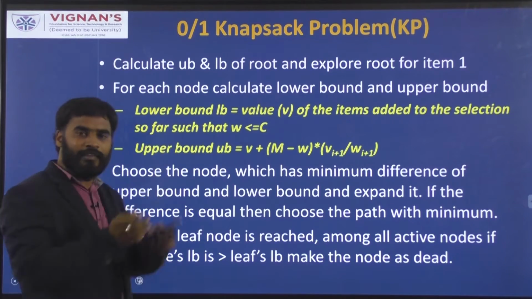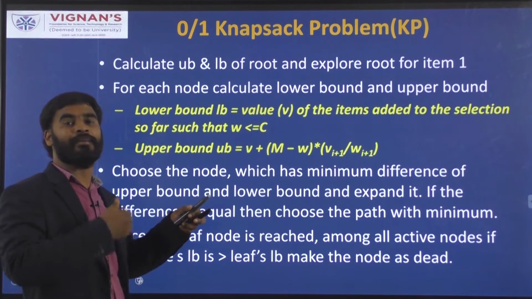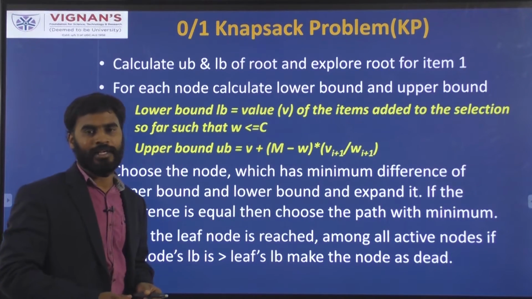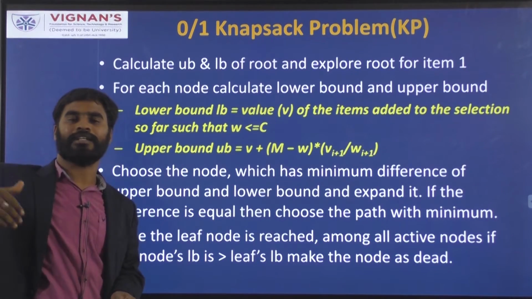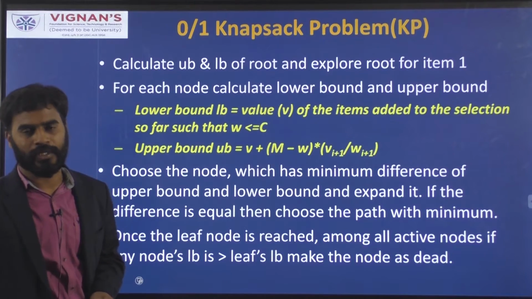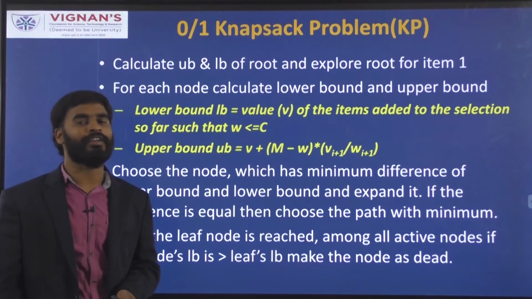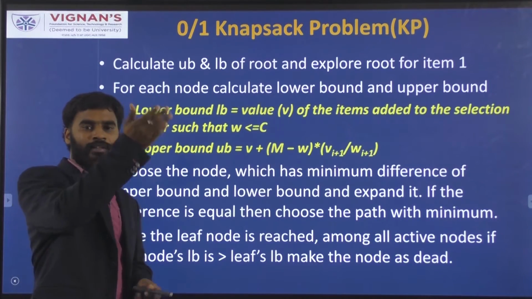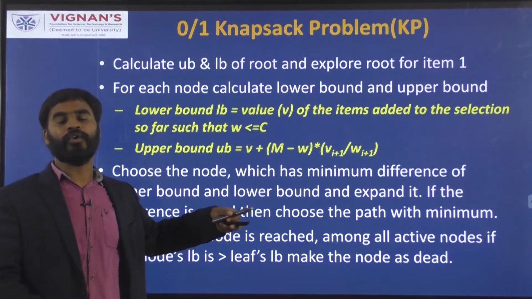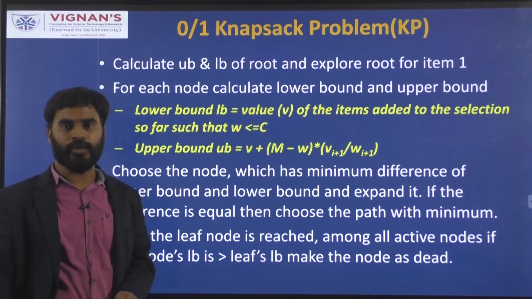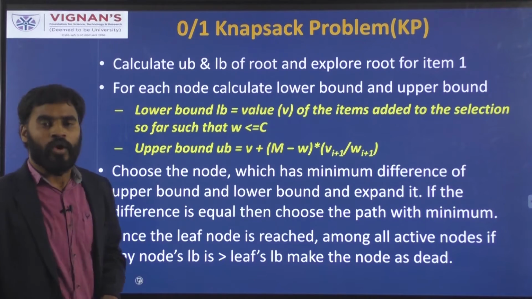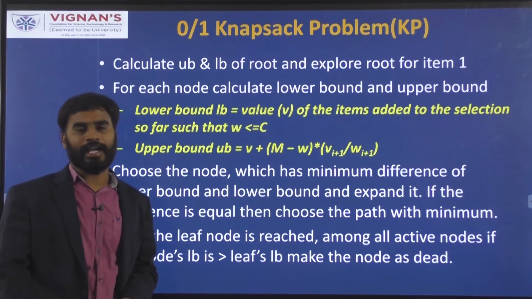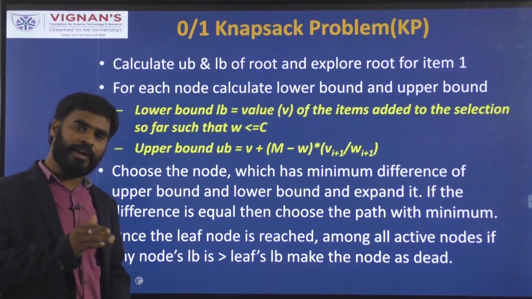The left branch specifies that an item is included, and the right branch specifies that an item is not included. So each node in the state space tree will have two children: the left one for including an item, the right one for excluding an item.